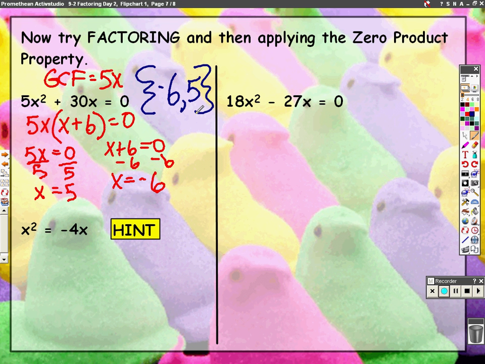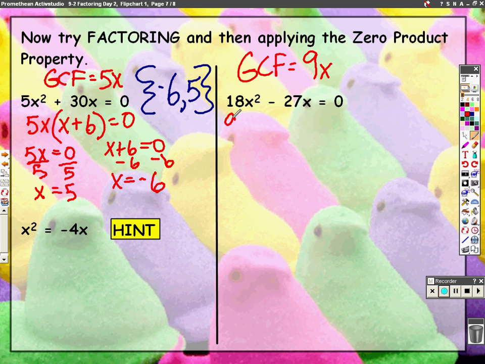I have 18x squared minus 27x equals 0. The greatest common factor for 18 and 27 is 9, and the greatest common factor for x squared and x is x, so my greatest common factor is 9x.